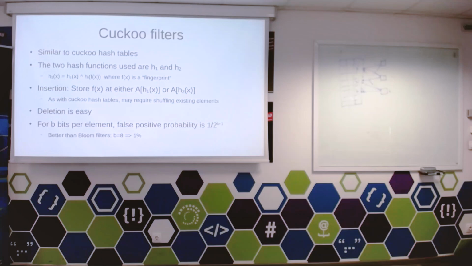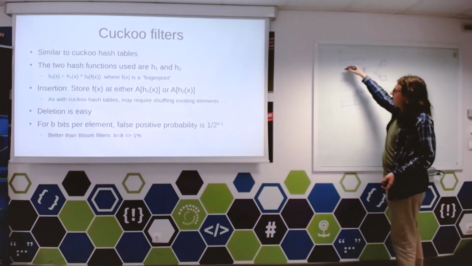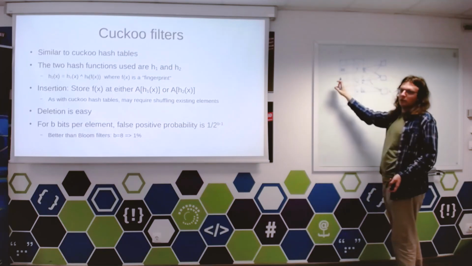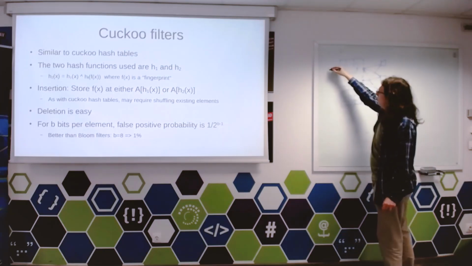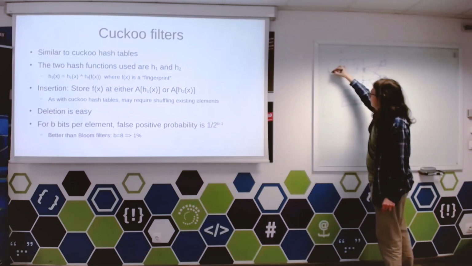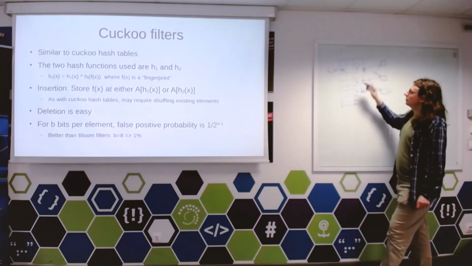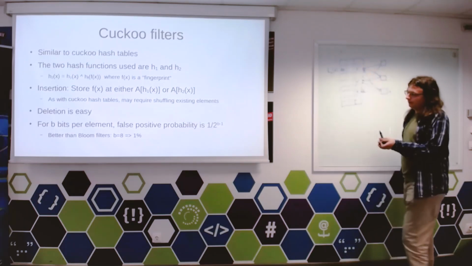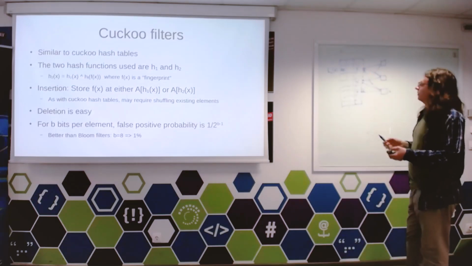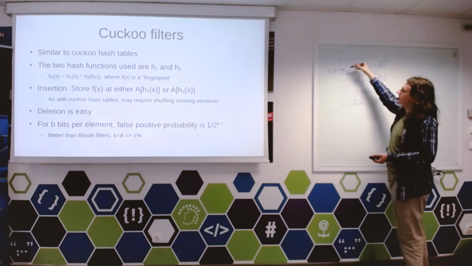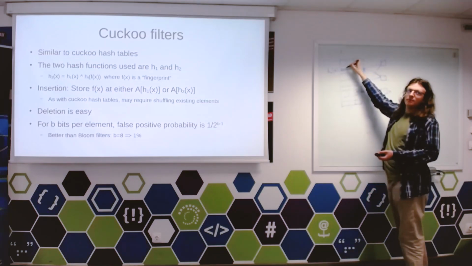The way we insert an entry into the filter is we store its fingerprint at either of its allowed positions, where the second hash is defined this way. Here we only see the fingerprint of the value, not the value itself. But we also know that this is the first hash of x. By knowing the fingerprint and computing HF of the fingerprint, we can figure out what the second hash is.